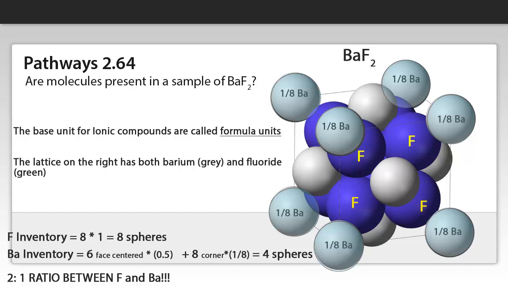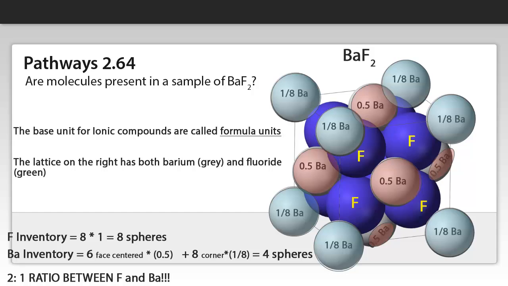Now those are interesting because they're partially present within this unit cell, but as it turns out, this unit cell doesn't exist by itself. Each of these bariums on the corner would also be surrounded by 7 other unit cells. So these corner pieces only belong 1/8 to this particular unit cell. And there'd be 7 others surrounding them on the top and on the side.